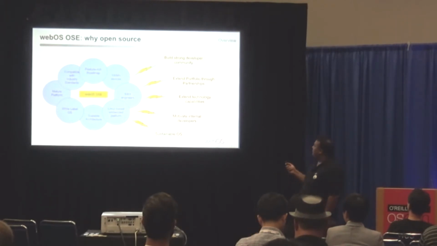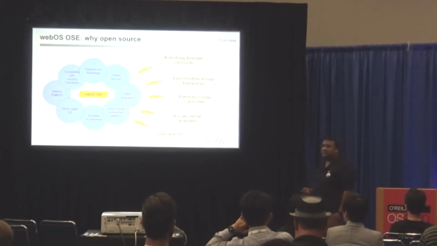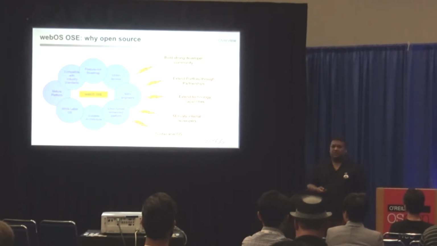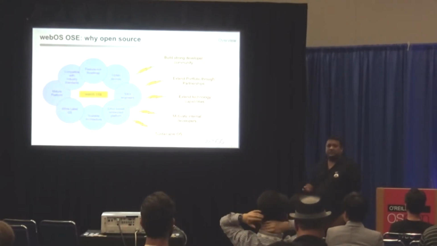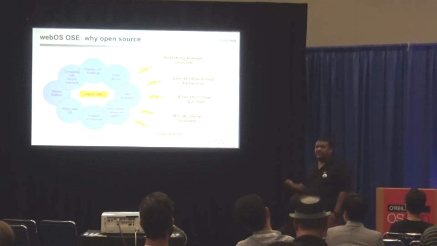So in opening webOS, our goals are basically building a strong developer community around it, people who will contribute and make this the next sustainable OS, and also extending the portfolio through partnerships. If you want to make a new product out of it and there are some pieces missing, come in-house, we can work together and make a product together. We want to extend the technology capabilities. So we release something, you have more ideas, and let's work together to extend the capability that webOS has.